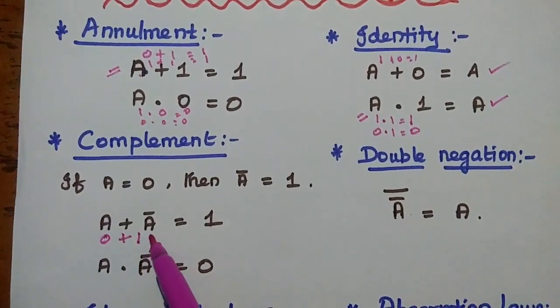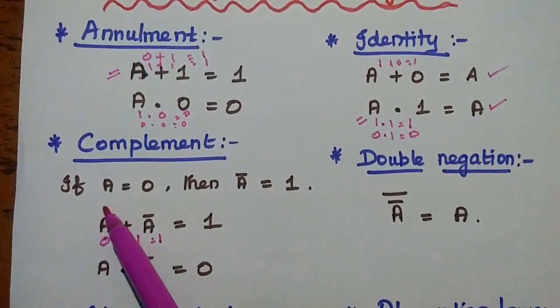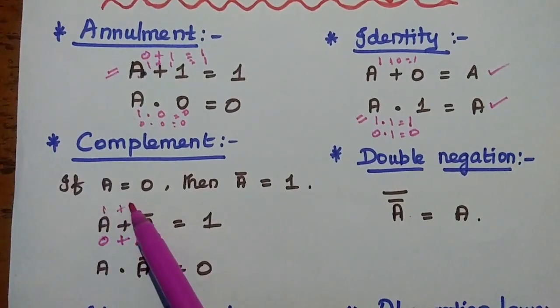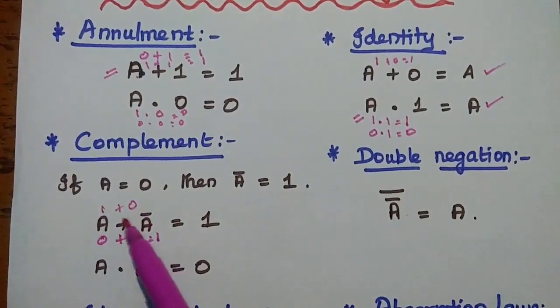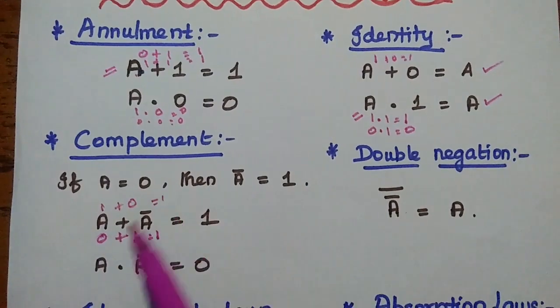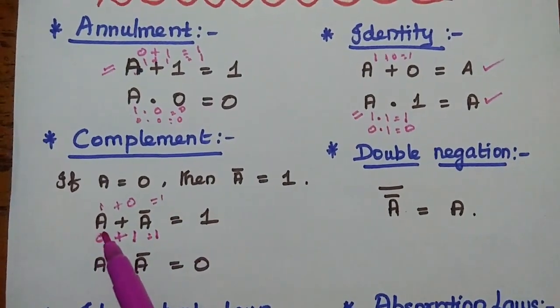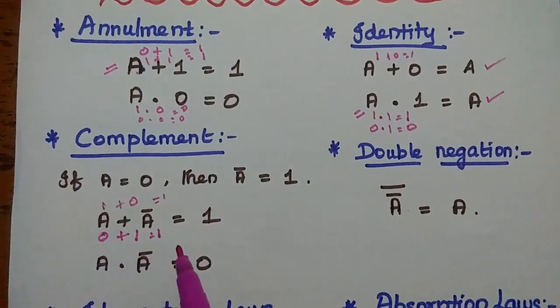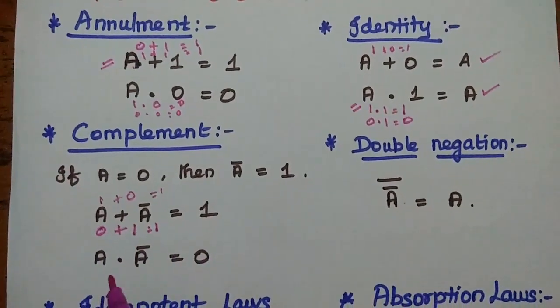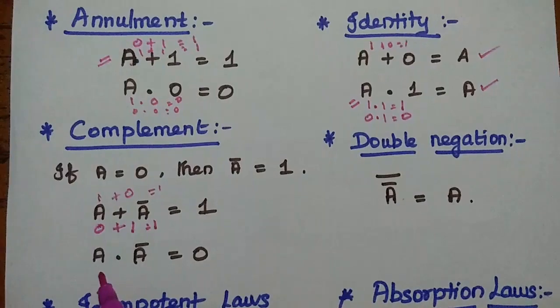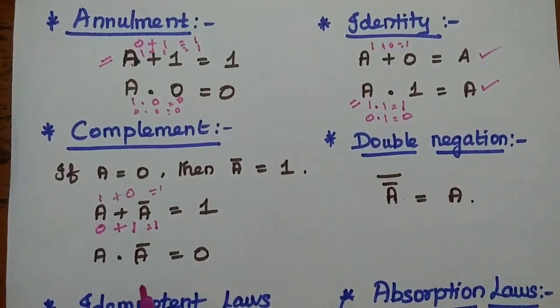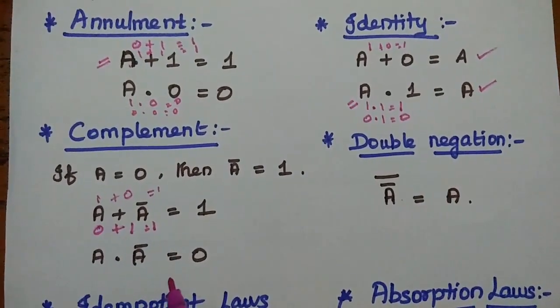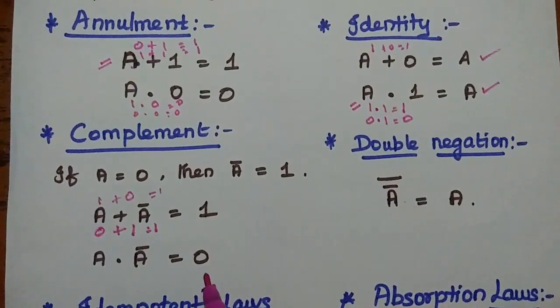So 0 plus 1 is equal to 1. If A is equal to 1, A bar value is 0. Correct? It is the complement. Obviously it is equal to 1. If we add any value with its complement, it is always 1.